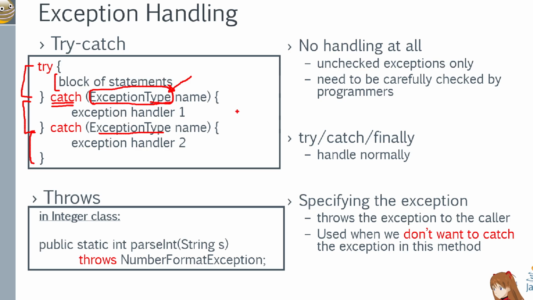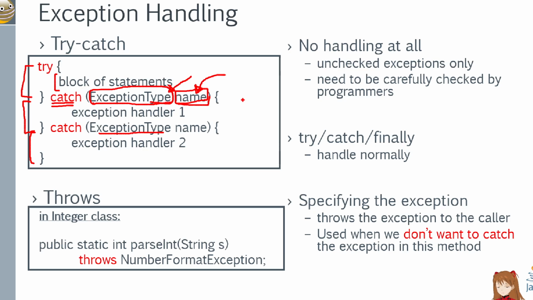Alright? So catch block catch the exception or capture the exception object created in the try block. And then name it using this name. Alright, so the exception object has a name.